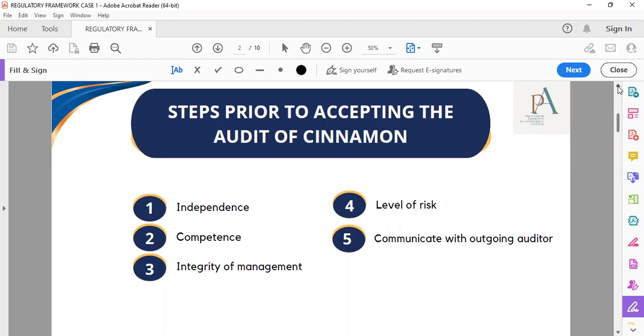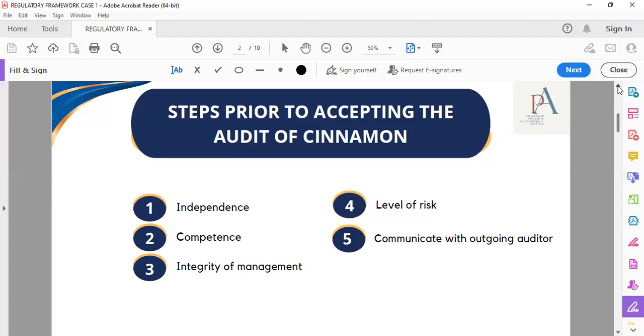The second thing they should be able to take into consideration is, do they have the requisite competence to undertake the audit assignment? What that means is that, apart from the fact, like you heard from the case study, that they want to use junior staff, that might not be actually the core implication of competence.